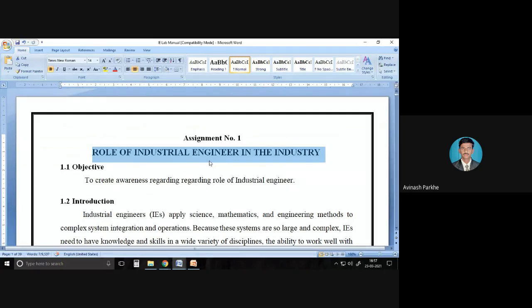Without the industrial engineer, it is not possible to apply all those concepts, and it is not possible to maintain them. Sometimes we apply all the concepts, but it is not possible to maintain them. So in order to maintain those activities at a constant rate, the industrial engineer plays a very important role. So this is a very simple study type of experiment, that is experiment number 1, or assignment number 1.